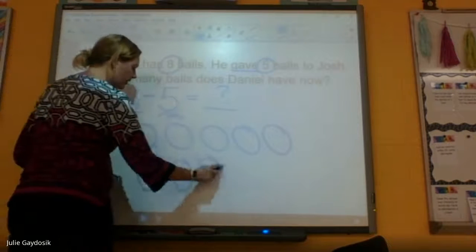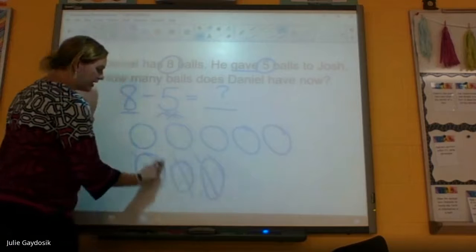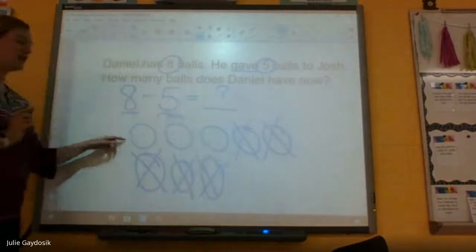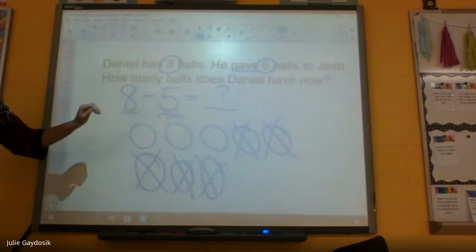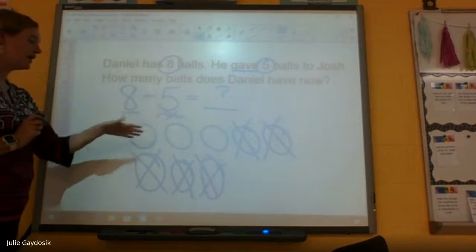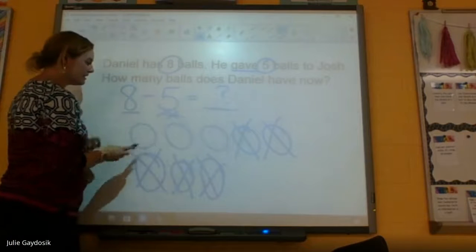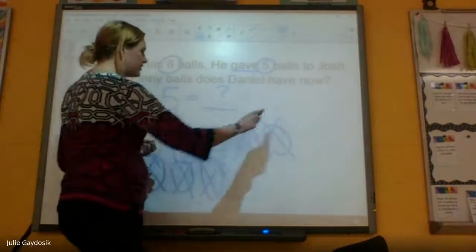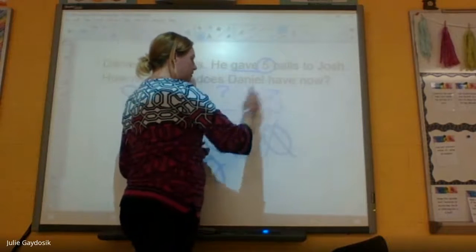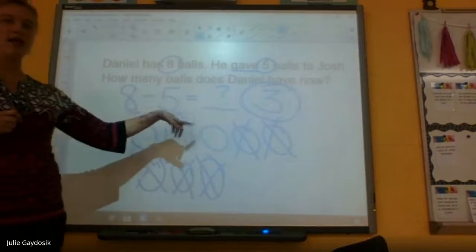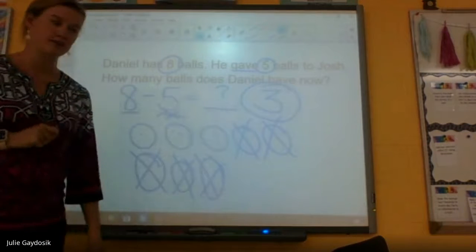So 1, 2, 3, 4, 5. Now I want to see how many I have left, or what is the difference of this equation. So I'm going to look at the balls I didn't X out. 1, 2, 3. Daniel now has 3 balls. So he had 8, he gave 5 away, and now he only has 3.